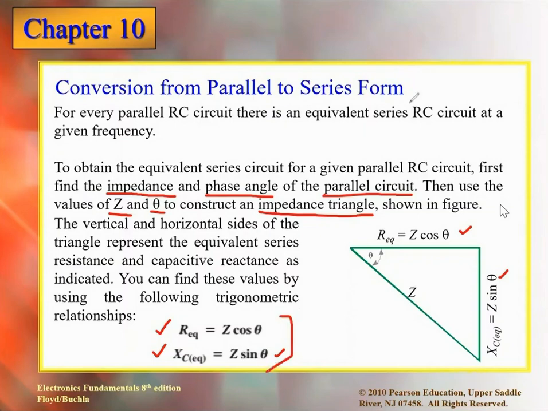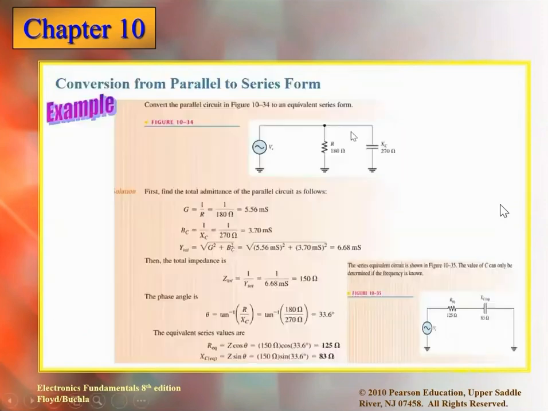Let's have an example of how the question comes and how we can solve it. We are given a parallel circuit, and now they are asking to convert the parallel circuit to obtain an equivalent series form. As I just told you, first of all we need to calculate Z, then we need to calculate theta, then apply the two formulas which were written on the back.